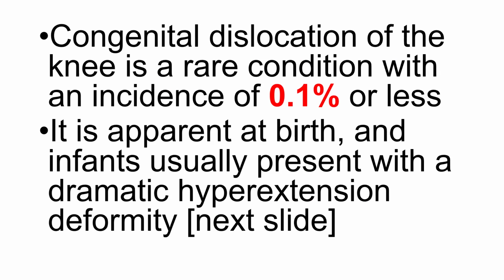If somebody asks you how you would tell whether it is a congenital dislocation, or at least be suspicious, you should mention that any child who is born with a hyperextended knee or an extension contracture of the knee, you should think of it. You should not forget it. But it's true, it's very rare. In my experience, I've had 3 cases over 50 years.